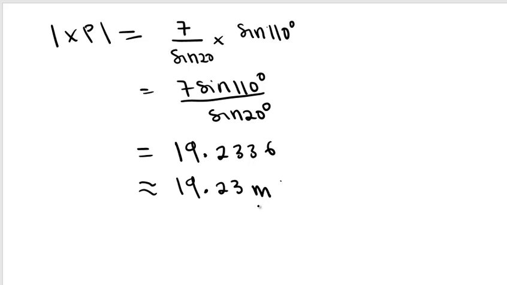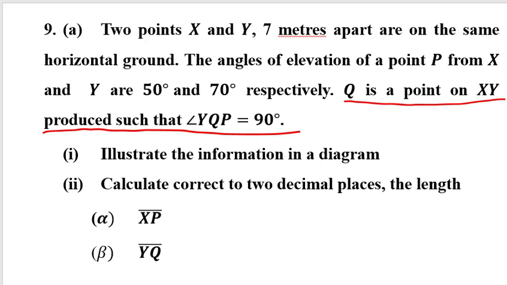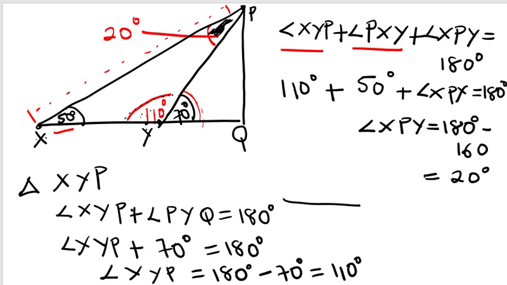Now for part (b), we are to find YQ. If we want to find YQ, let's look at the diagram. The question wants us to find the distance from this point to this point, that is YQ.